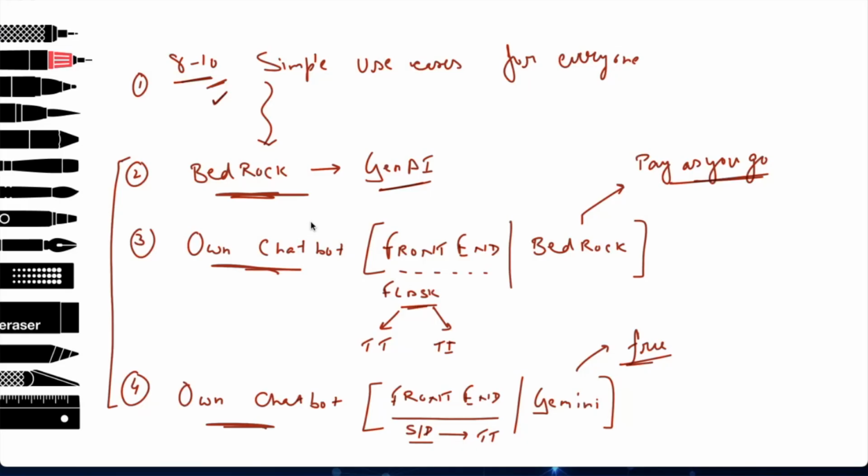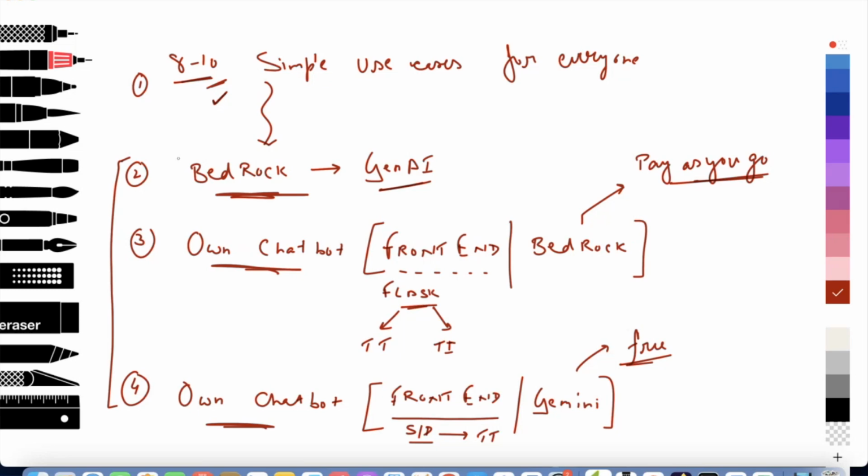So what we are going to do now is get started by understanding one of the services of Amazon, which is called Bedrock. It's a generative AI service provided by Amazon. So let us see how it looks and what all we can do before we actually leverage it and create our own chatbot.